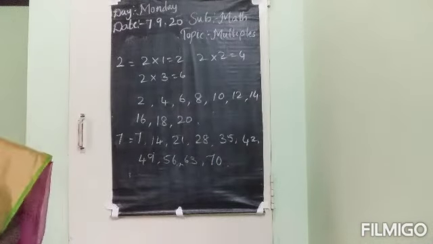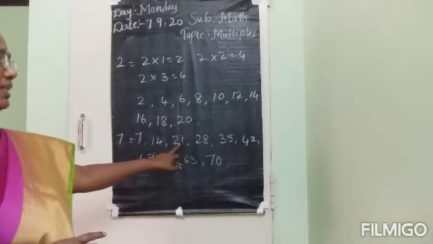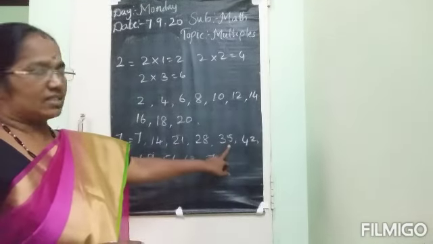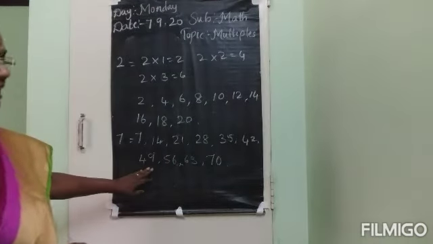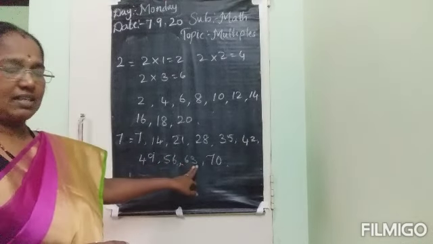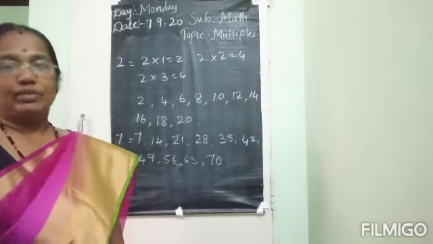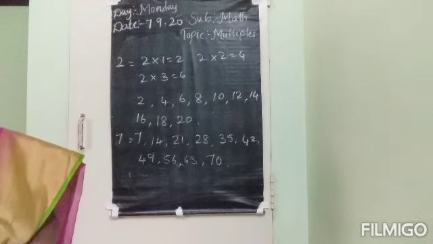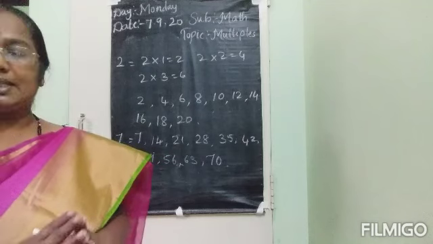So this is your table. 7 ones are 7, 7 twos are 14, 7 threes are 21, 7 fours are 28, 7 fives are 35, 7 sixes are 42, 7 sevens are 49, 7 eights are 56, 7 nines are 63 and 7 tens are 70. So your multiples are nothing but your tables.